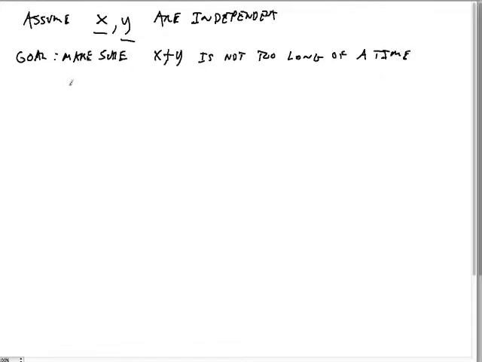Because what we're talking about here is order fulfillment. Order fulfillment time is X plus Y, right? And we're going to call that capital T, all right?